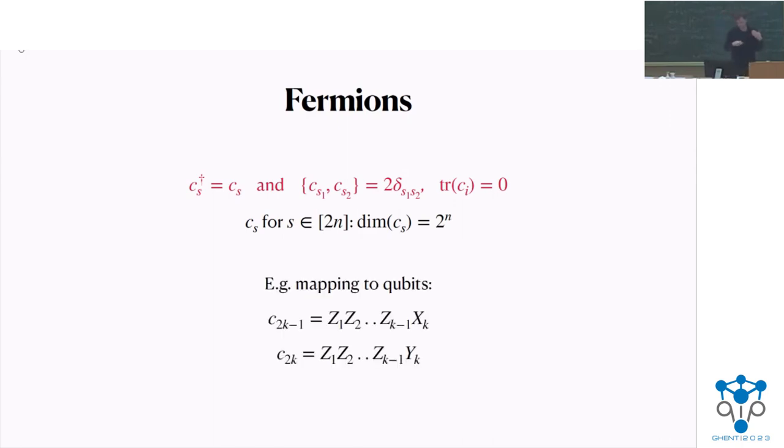If you want a specific instance of what these Majorana operators might be, you could consider what's called the Jordan-Wigner mapping to qubits. You can convince yourselves that these string operators have the right algebra and all the nice properties. This is a particular embedding into a specific 2 to the n dimensional space that you might be happy with.